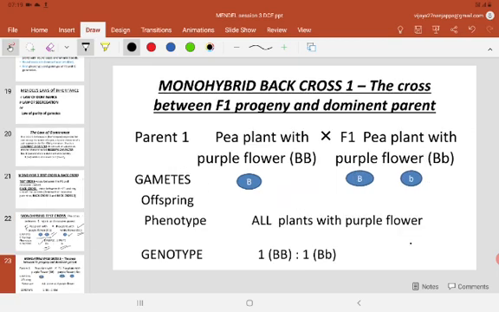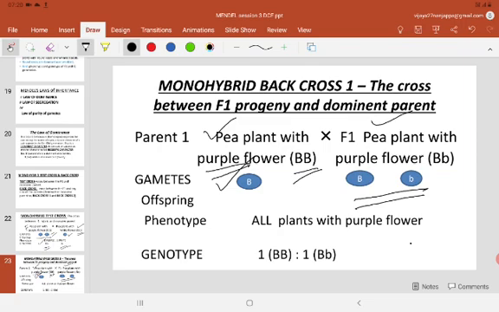Then backcross 1 is with the F1 parent with a purple flower, wherein the genotype is capital B and small b, with the dominant parent, that is the pea plant with purple flower, represented by genotype capital B and capital B. It produces only one type of gametes, wherein all the gametes will have capital B in it. And the F1 plant will produce two types of gametes, 1:1 ratio. 50% of the gametes produced will have capital B, and another 50% will have small b.